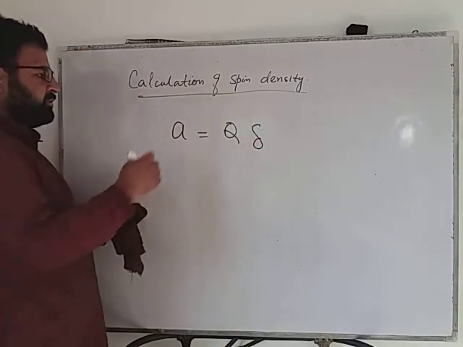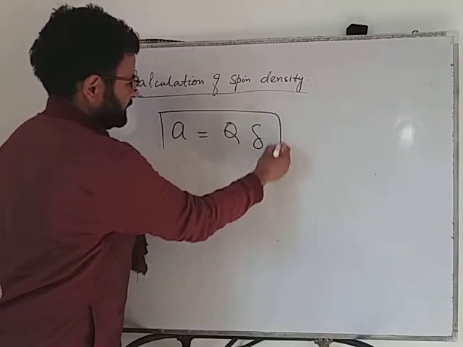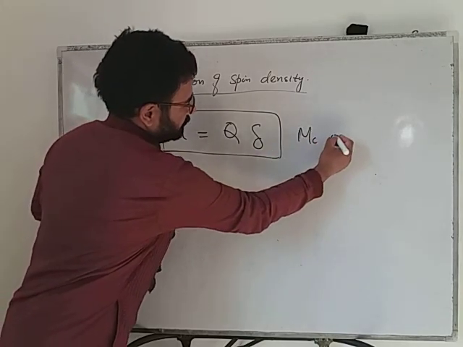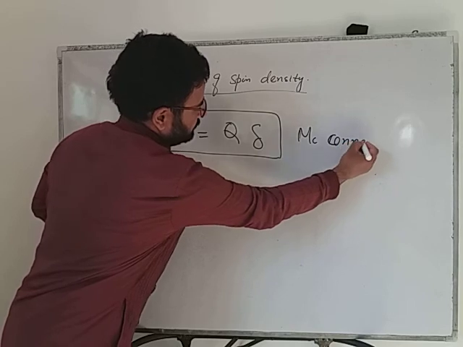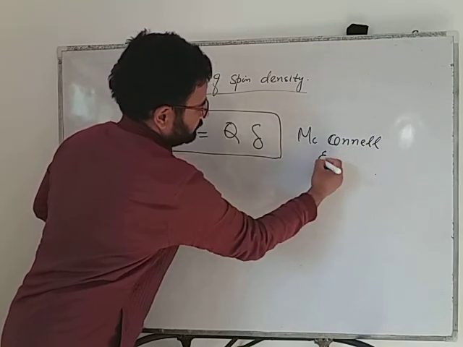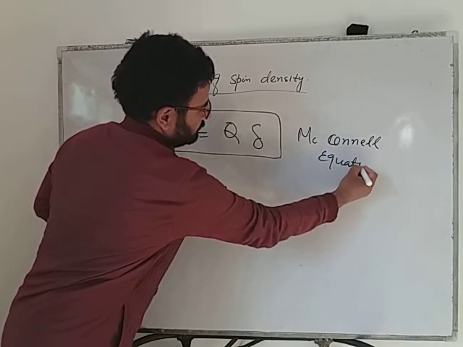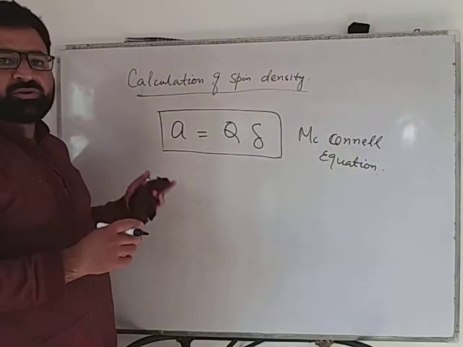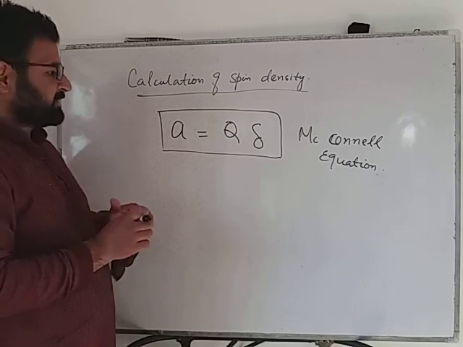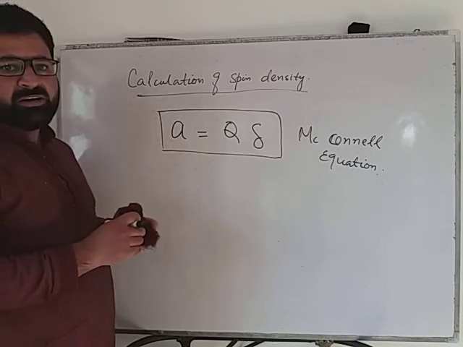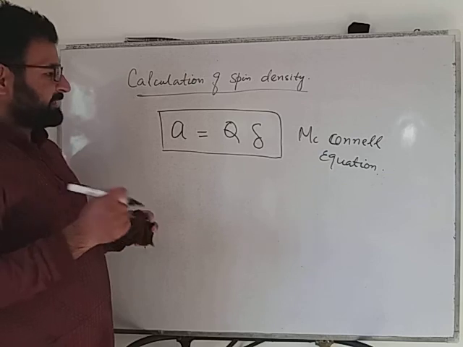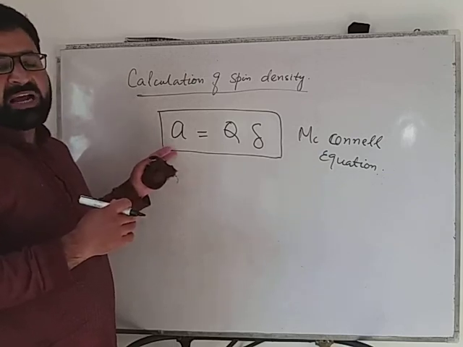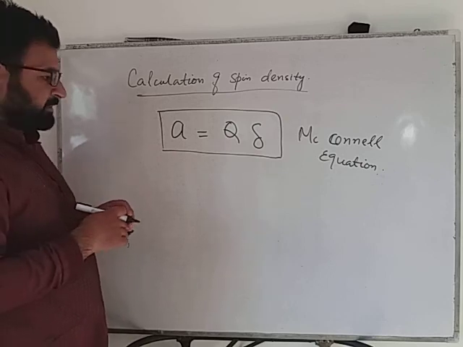This equation is called the McConnell equation. So this equation helps us to determine the electron spin density over a system if we know the hyperfine coupling constant.